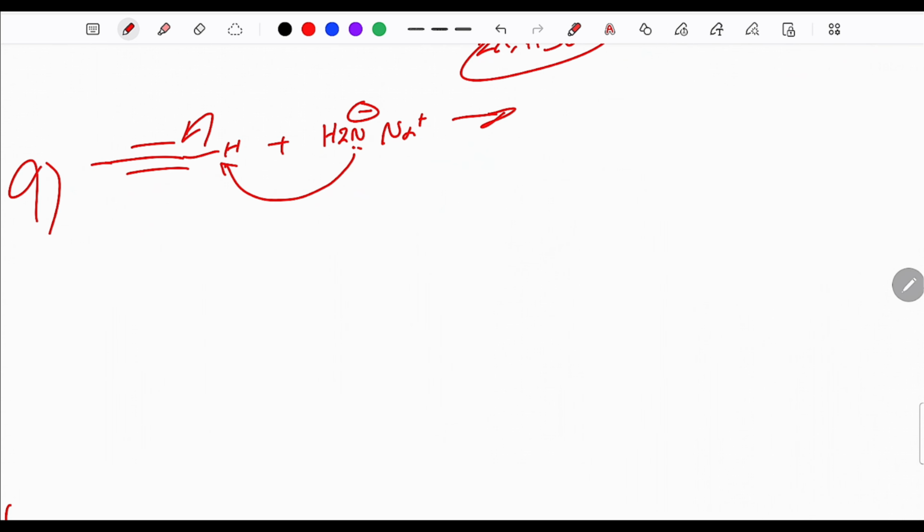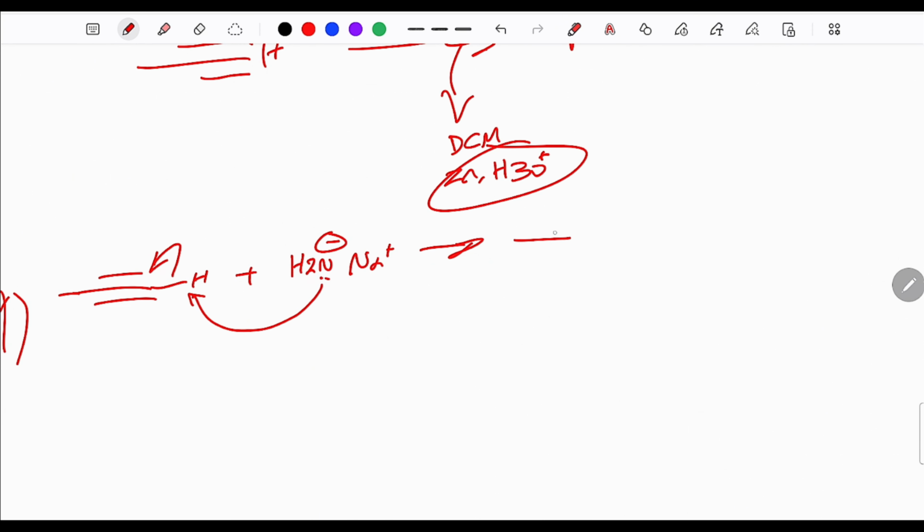And that's going to form us an acetylide anion, which is highly basic.